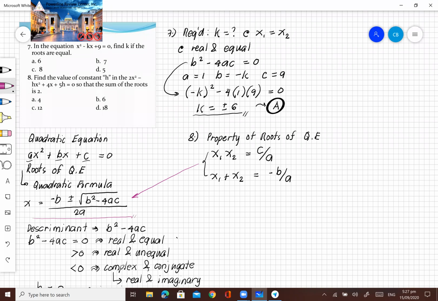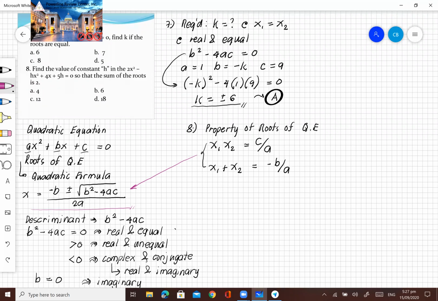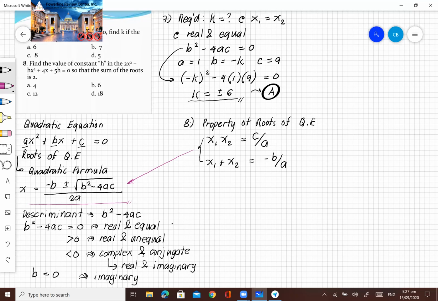Diyan lang na-derive yan. If you try to get the value of x1 or x2 using those two equations and simplify them, itong lalabas sa atin, that is the quadratic formula. Okay?